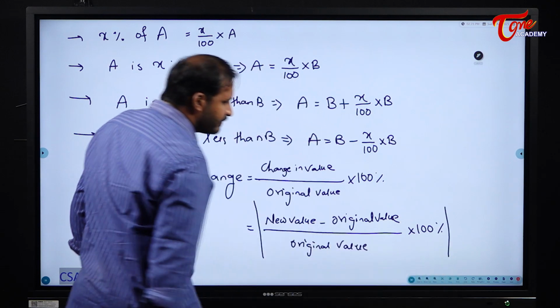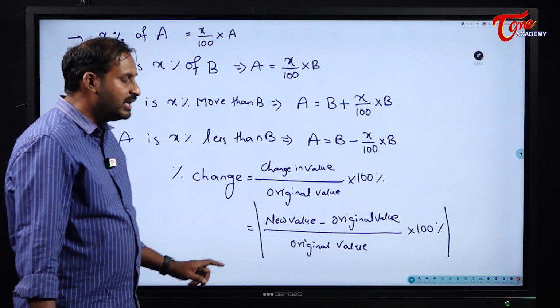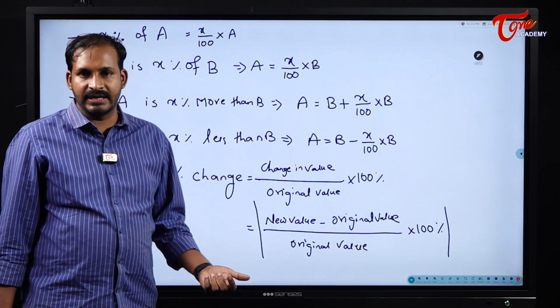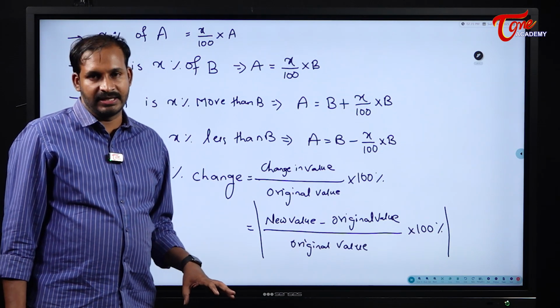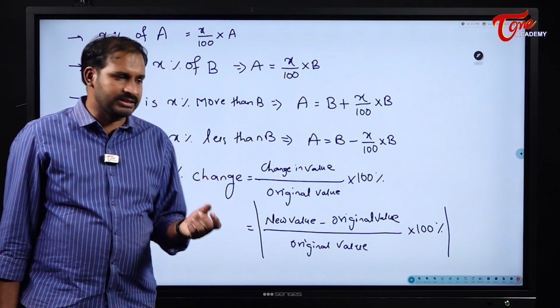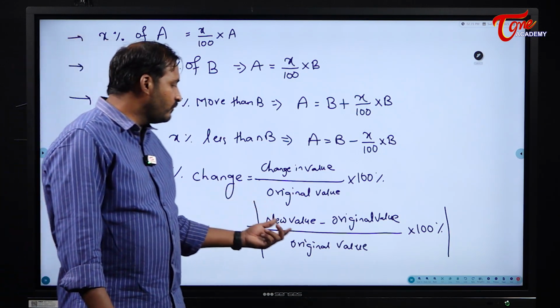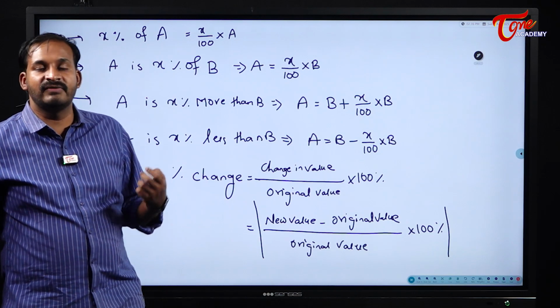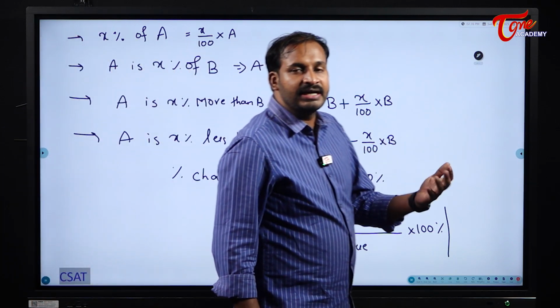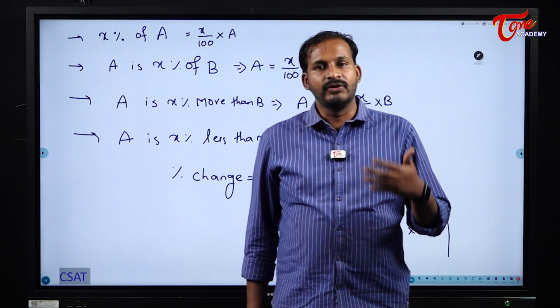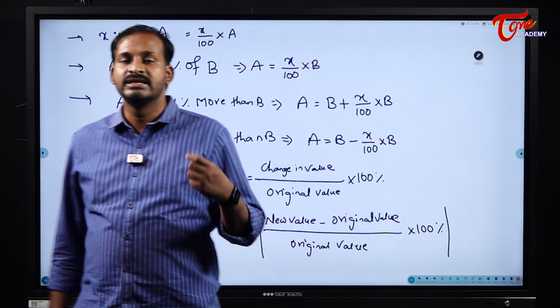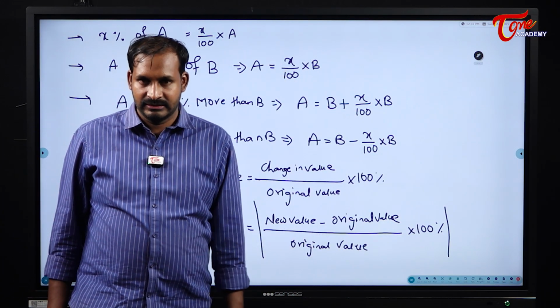See here students, why I am using a mod symbol is very simple. Sometimes my original value may be greater, sometimes my new value may be greater. So to avoid that, we use the mod to observe the percentage of change. For example, if the new value is greater than the original value, then tell me whether the change will be an increment or decrement here. If the new value is greater than the original value, obviously it is an increment.